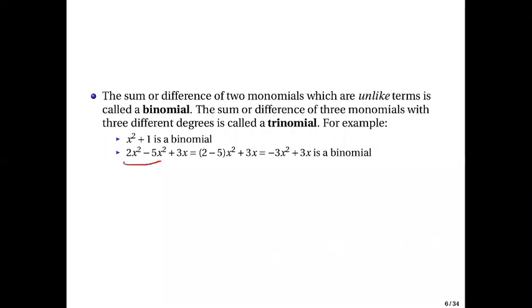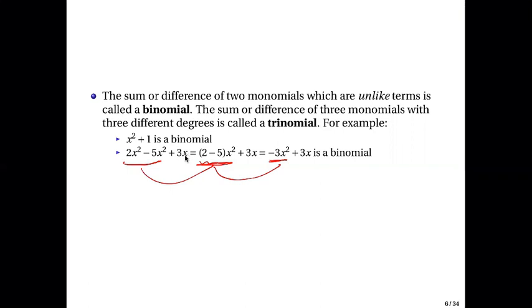And that's why this can be written this way. So if you combine them, 2x squared minus 5x squared is just minus 3x squared. And in here, there's still plus 3x.